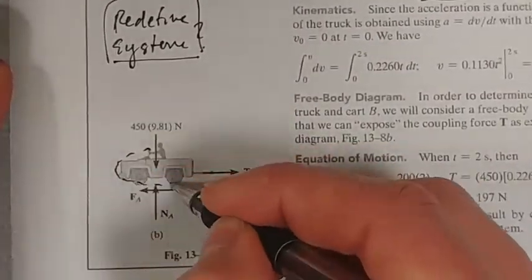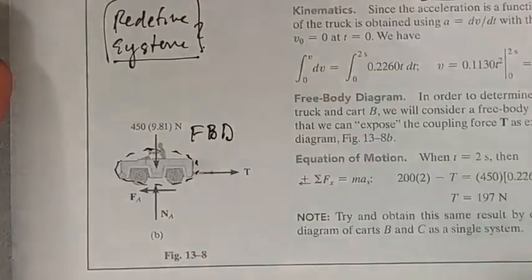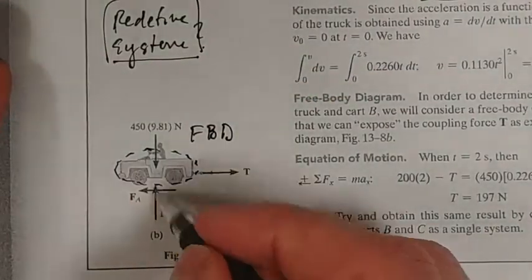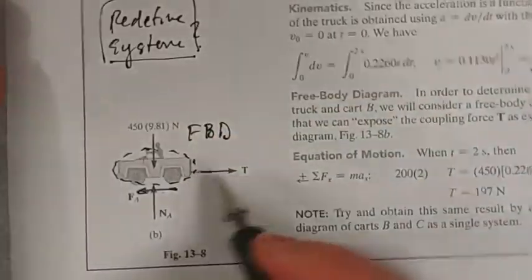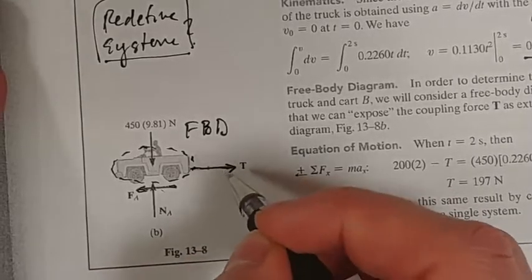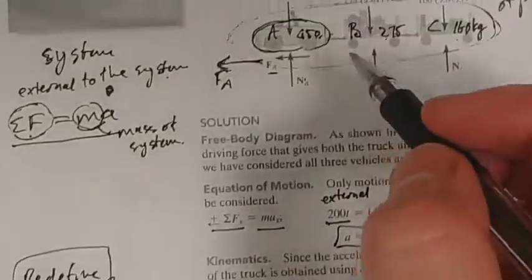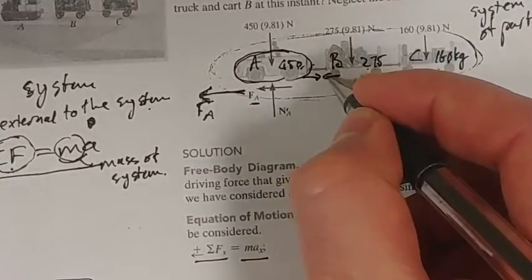There's our new system. And when we have a system, we need to draw our free body diagram. We've still got FA, we've got normal, we've got mg, and then, this is important, this force here, which was internal over here. Remember we had these two forces acting on each other.